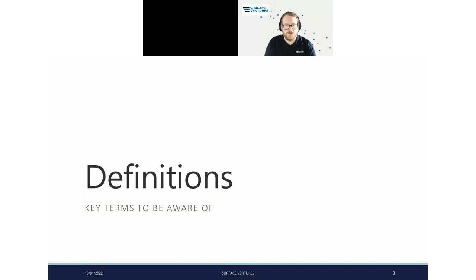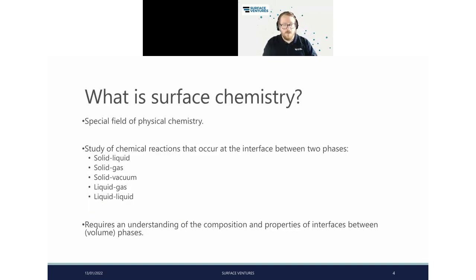While we're doing that, I'll just start reviewing some of the definitions that we have. So what is surface chemistry? It's a special field of physical chemistry, and it's the study of chemical reactions that occur at interfaces between two phases. So there can be a few different phase interfaces.